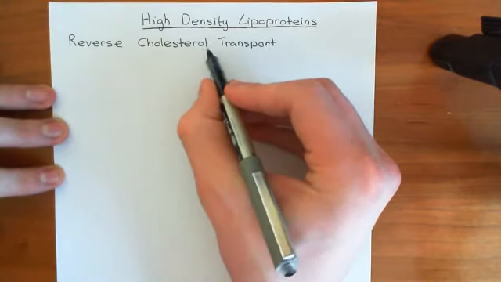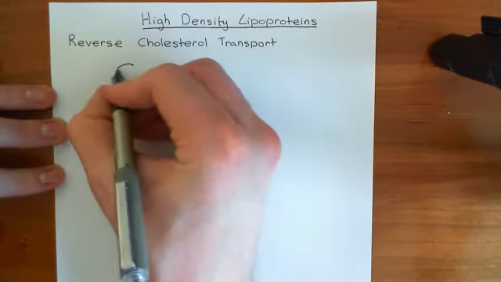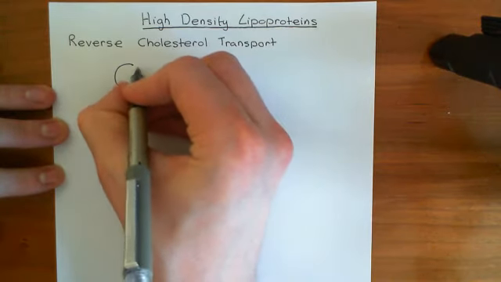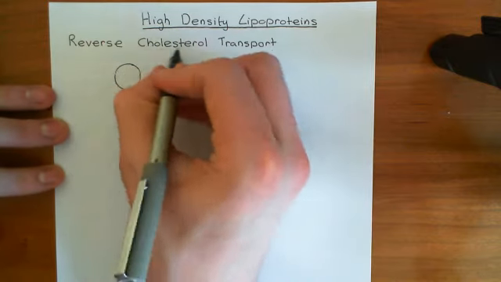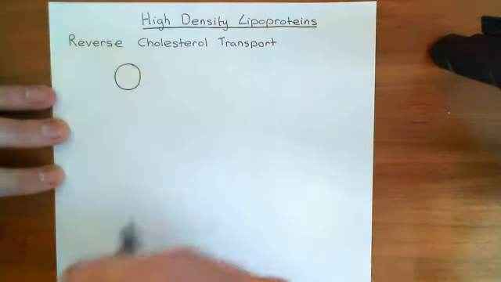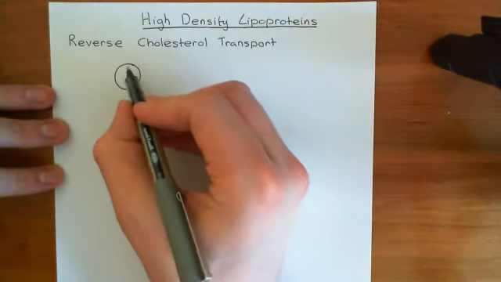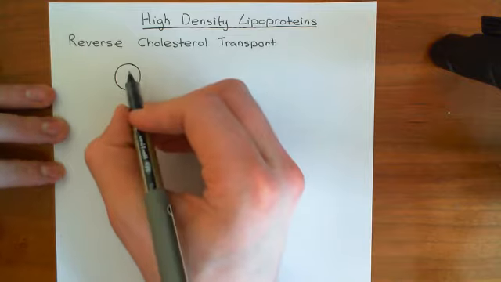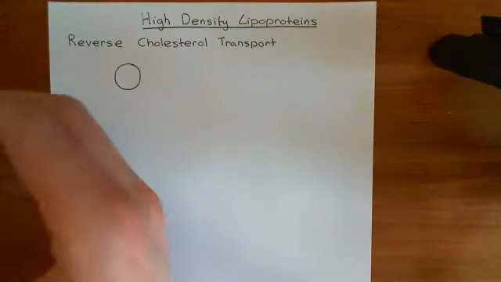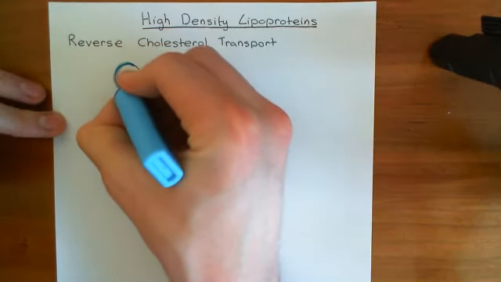Okay, so if you have cells that have far too much cholesterol in, let's say we've got a cell here that has far too much cholesterol. Now cells all need a little bit of cholesterol because cholesterol is an essential component of the cell membrane, but if you have too much, that's not good either. So if this cell has too much cholesterol in, I might draw it blue just to denote that.